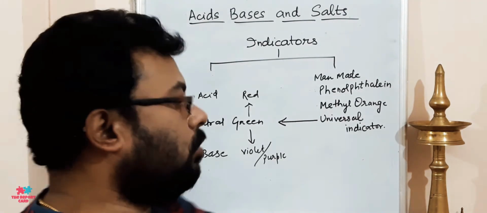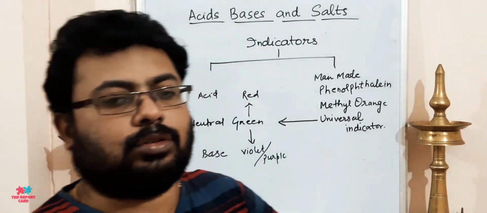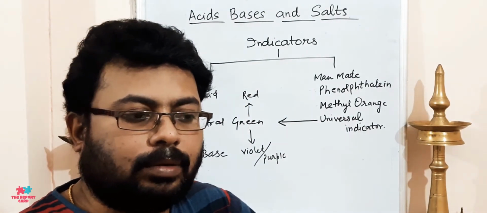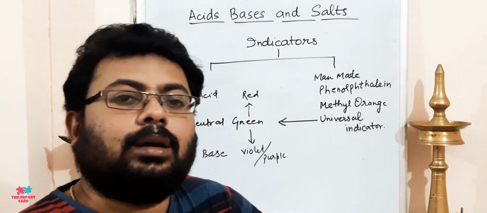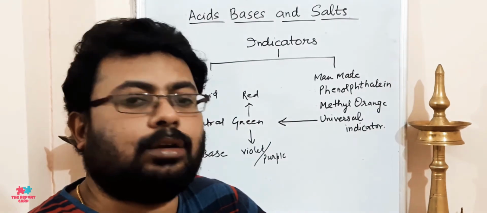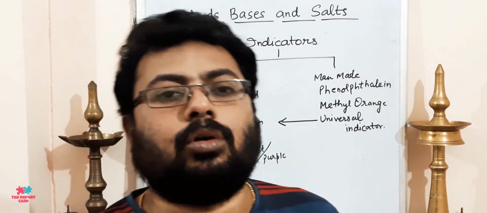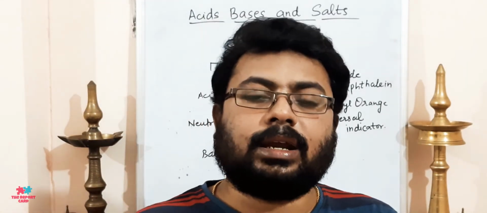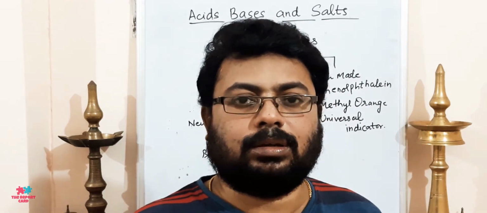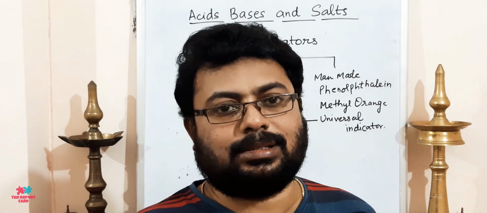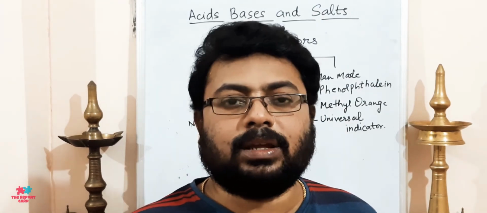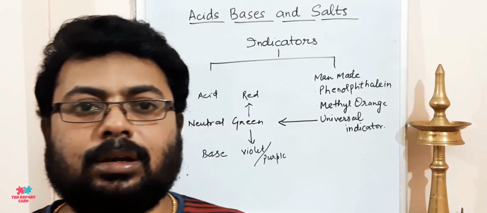Okay, fine. So I have two questions for you, right? The very first question is, there are compounds like glucose and alcohol. They contain hydrogen, but they are not acids. Why? Please note down these questions.